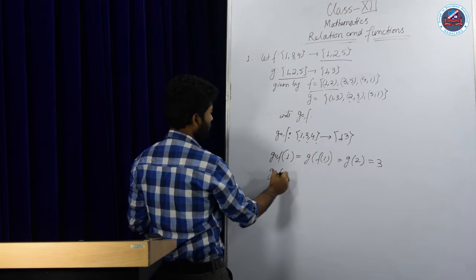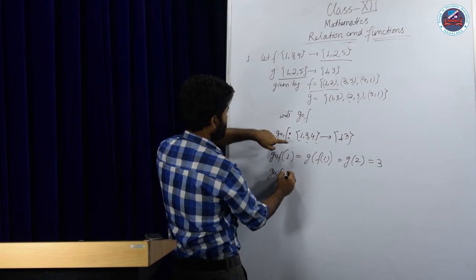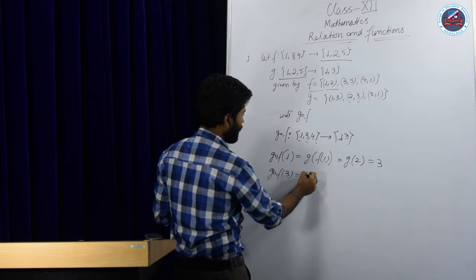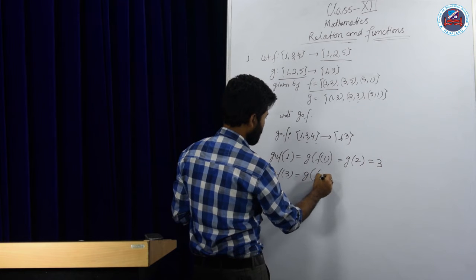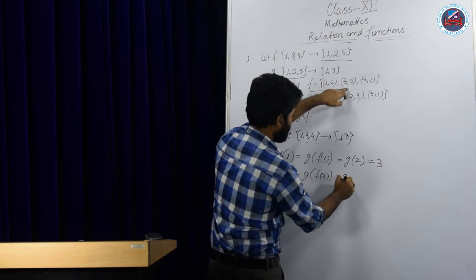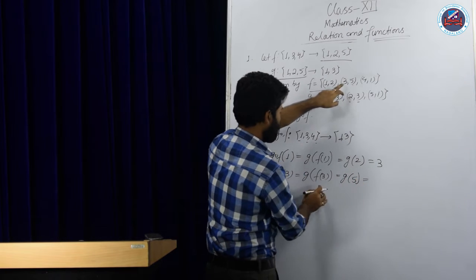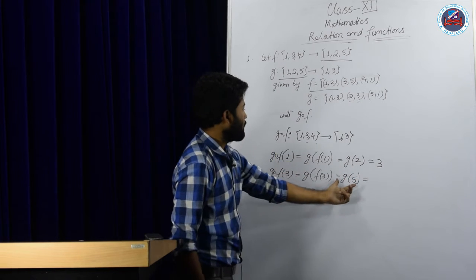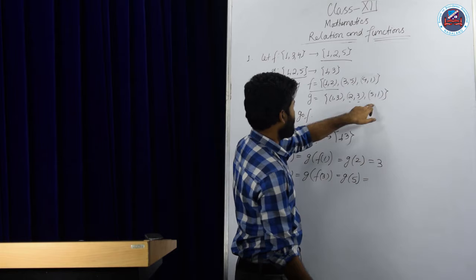Again, for g of f of 3, what is our f of 3? This is 5. That means we write here g of 5. Now what is g of 5? Our g of 5 is 1.